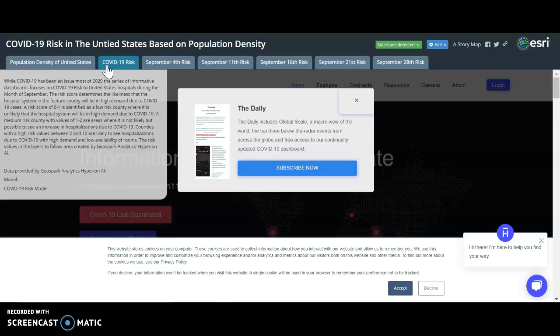This data is displayed using gradual color symbology. Values 0 to 1 are counties which pose a low risk of COVID patient overflow to their corresponding county's hospital system. Values of 1 to 2 are counties posing a medium risk to their hospital systems, while a high risk county is designated by the values of 2 to 10.